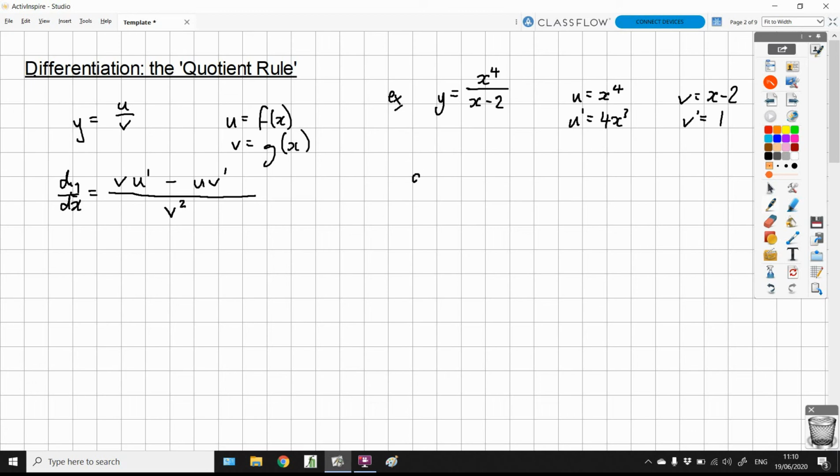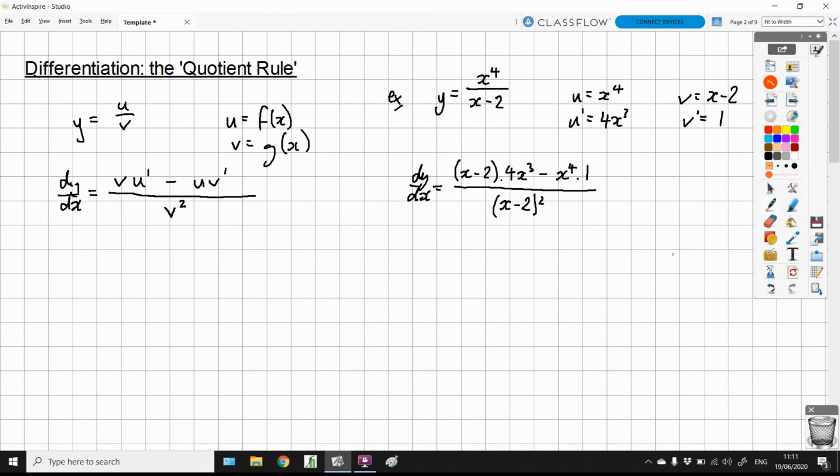And dy by dx equals a fraction. In the denominator we need v squared, so x minus 2 all squared. In the numerator, x minus 2 times u dash minus u times v dash.